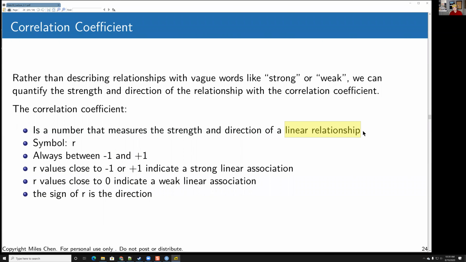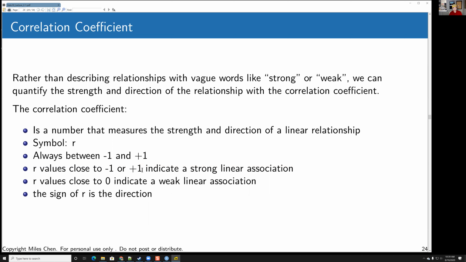The symbol that we use for the correlation coefficient is R, kind of R for relationship. And the value R will always be between negative 1 and positive 1. If R is far from 0, meaning R is close to -1 or close to +1, that indicates a strong linear association.